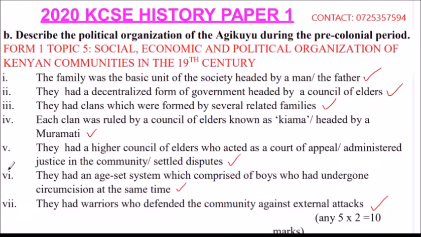You can give 5 here. You get 2 marks for each, totaling to 10 marks. Those are the answers that were expected, or something close to that. Not necessarily the same wording, but the meaning should be the same.